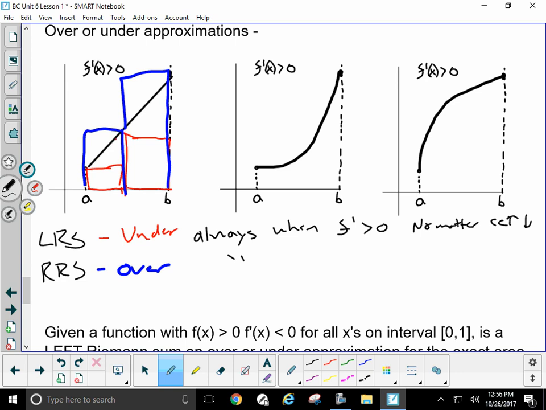It's over always. Again, as long as your function's increasing, no matter the concavity, the right Riemann sum is over. Midpoint Riemann sum, too tough to tell. We're not even going to look at it, okay?